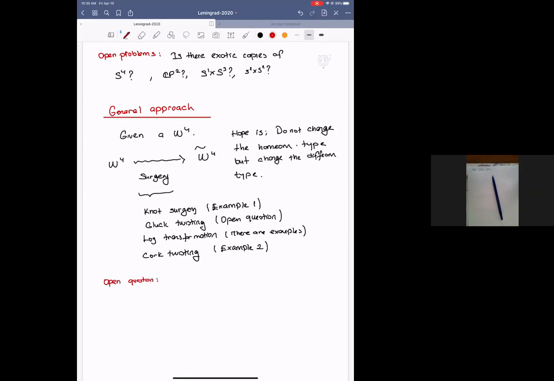I'm not sure if there are any students in the audience, but if you have a simply connected manifold, then does the Glücktwist operation always give, say you do this operation, you get W4, diffeomorphic manifolds?